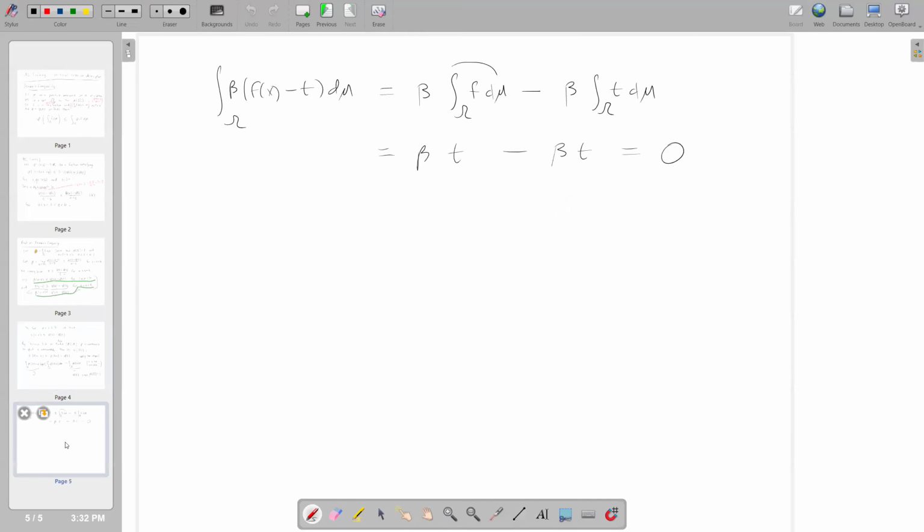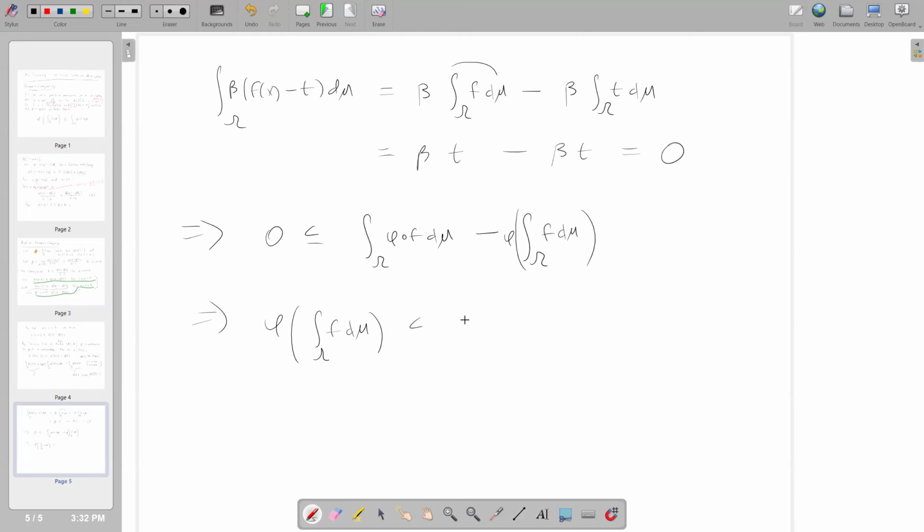So that implies that 0 is less than or equal to the integral over omega of phi composed with f d mu minus the integral over omega of phi of the integral f d mu. There we go. So that means that phi of the integral over omega of f d mu is less than or equal to the integral over omega of phi composed with f d mu. And that's the end of the proof.